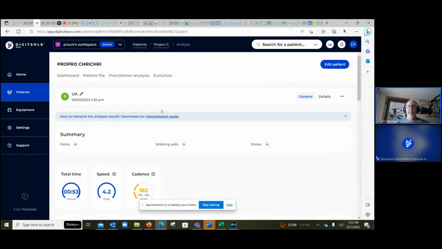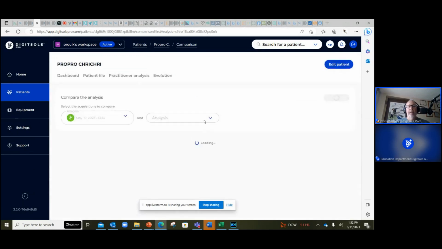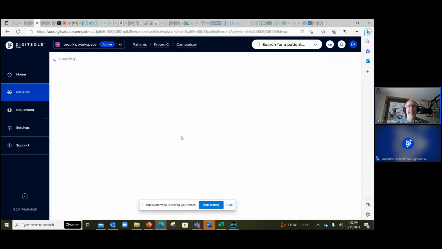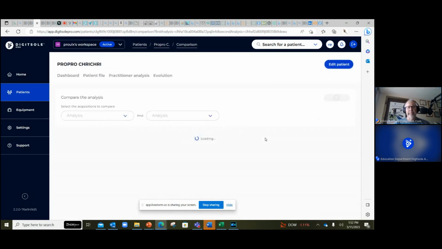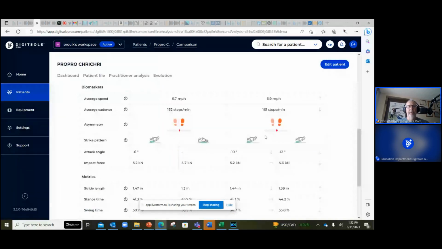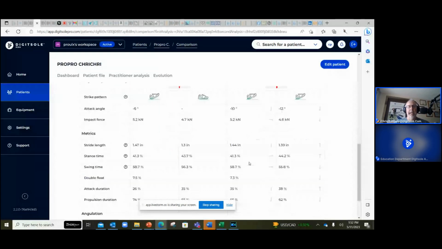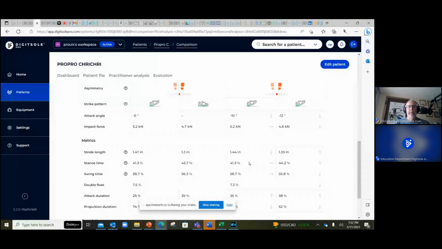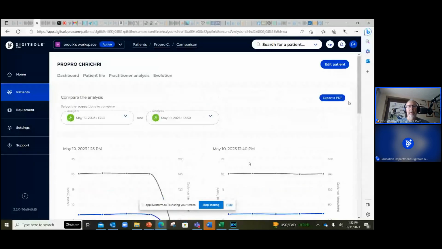In this case, it was two shoes, and you can put two side by side using this compare feature. Those three dots, you can also export your PDF file. So you can put two events side by side to look at the characteristics, and you can also export that PDF.